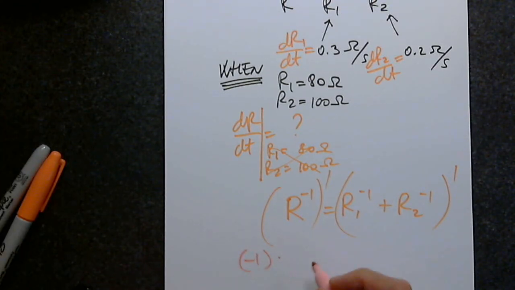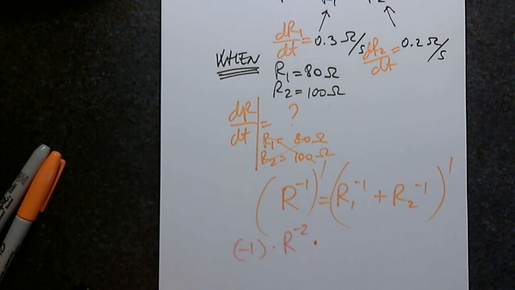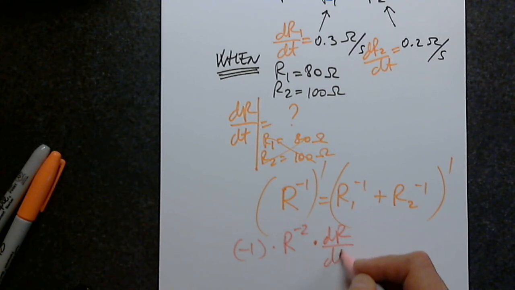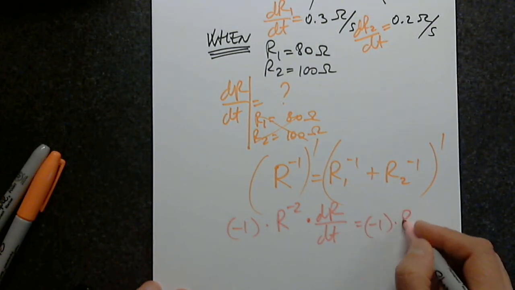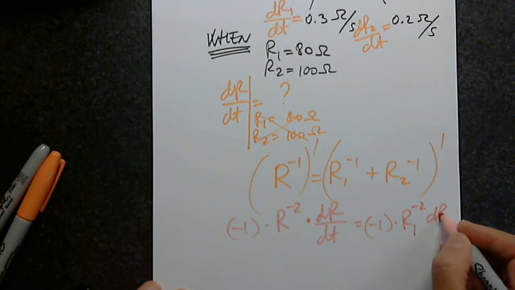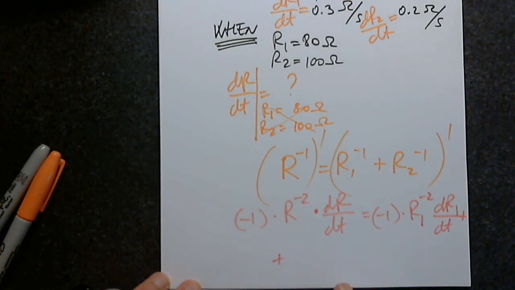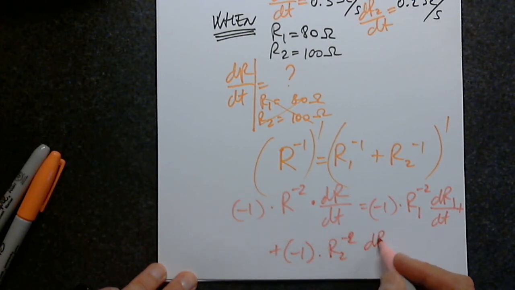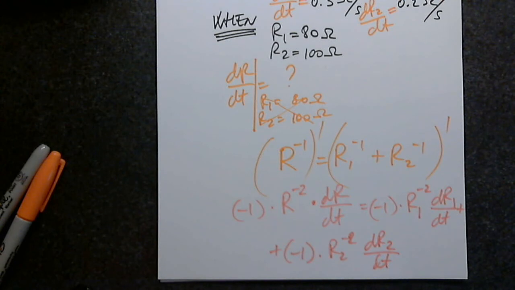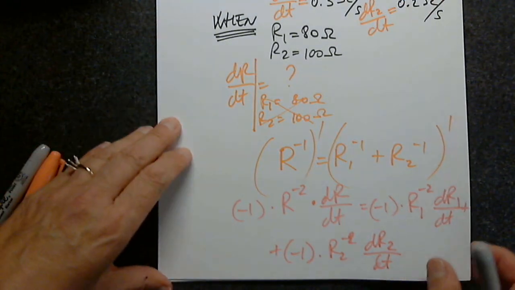Yes, negative 1 times R to the negative 2, knowing that R, R1, and R2 are functions, dR over dt equals negative 1 times R1 to the negative 2 times dR1 over dt plus negative 1 times R2 to the negative 2 times dR2 over dt. Of course, I will clean it up by multiplying both sides by negative 1. We have to do that first.